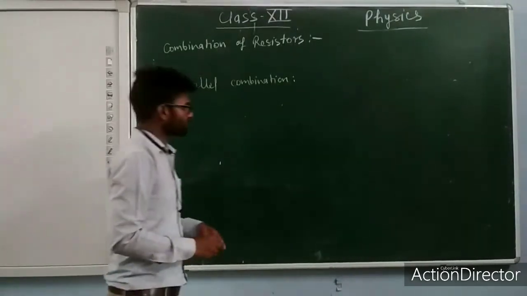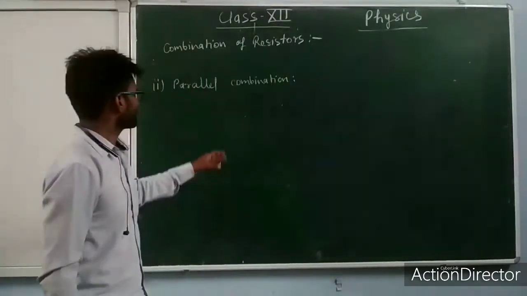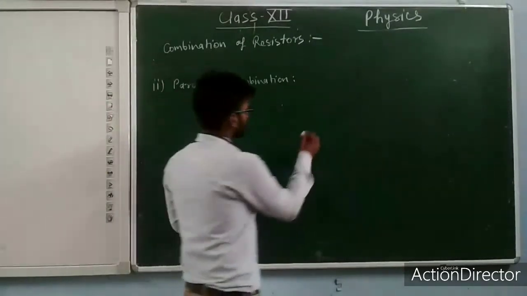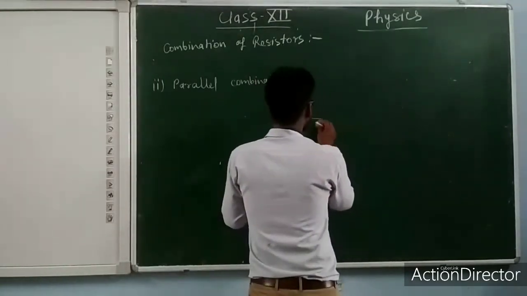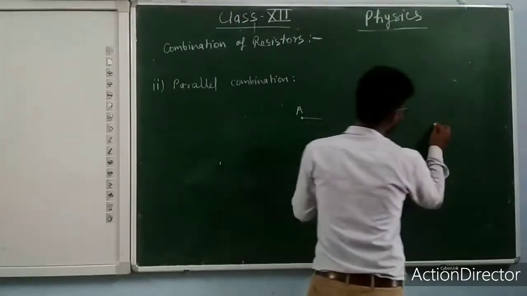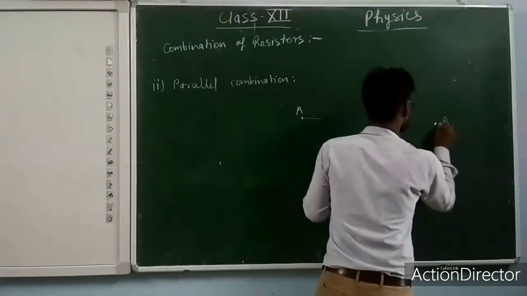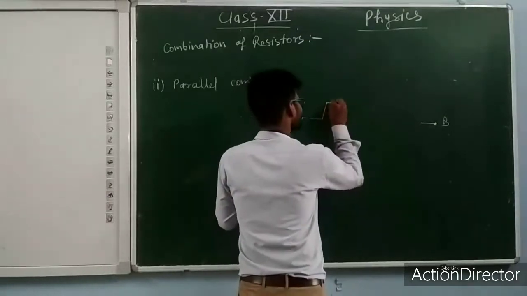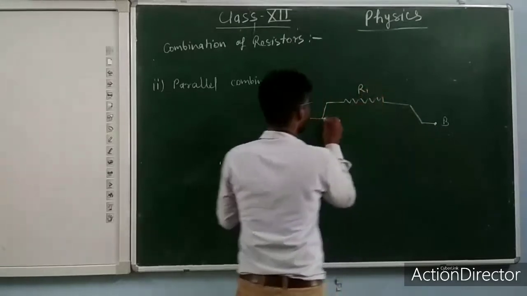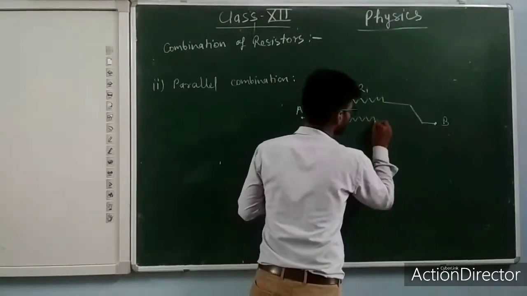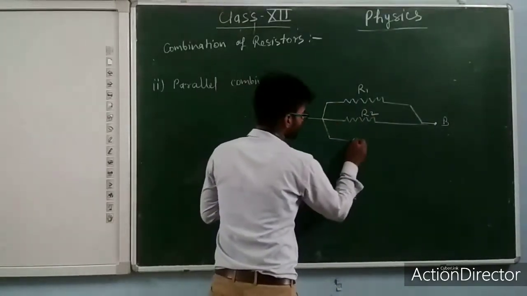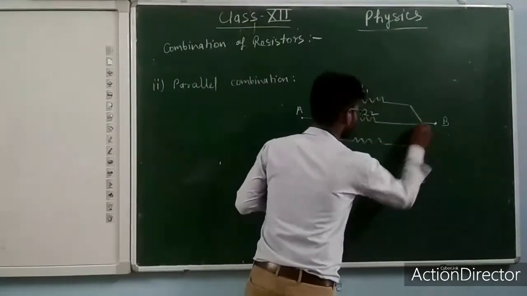Now another circuit I am going to draw here. That circuit is the combination of resistors in parallel manner, right? So I am considering here three resistors connected across point A and B. The first resistor is R1, second resistor is R2, and third resistor is R3.